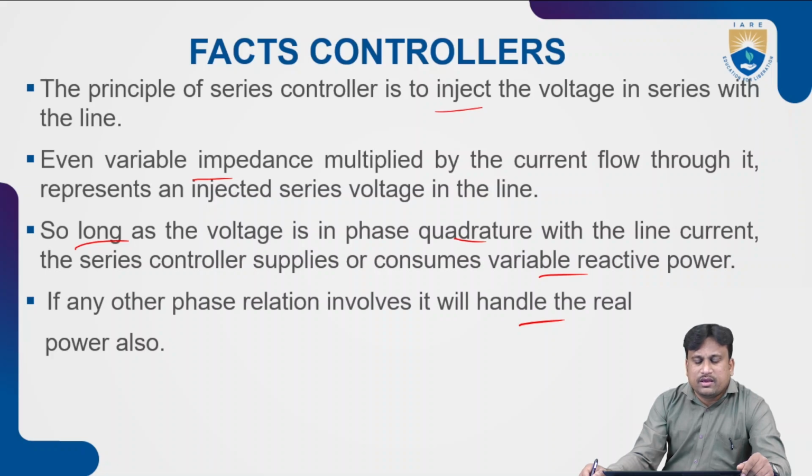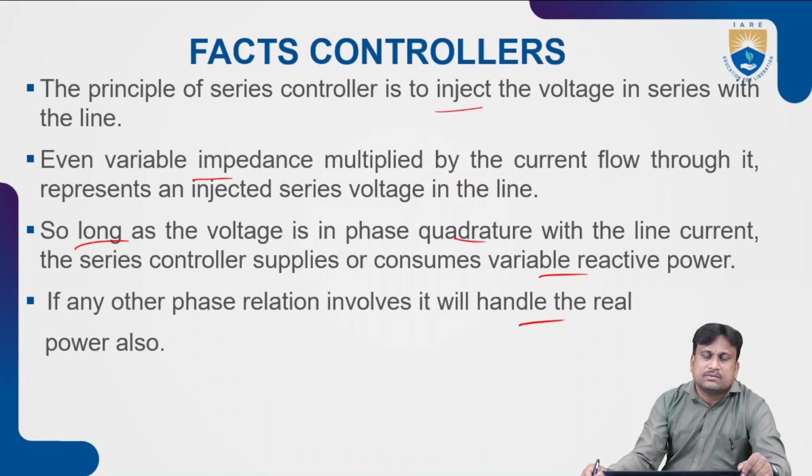So in the event of a variable impedance, that should be treated as a multiplication coefficient for the current flow, when some voltage is injected into the series line. If that voltage is in quadrature with the given current, the series controller supplies or consumes reactive power.